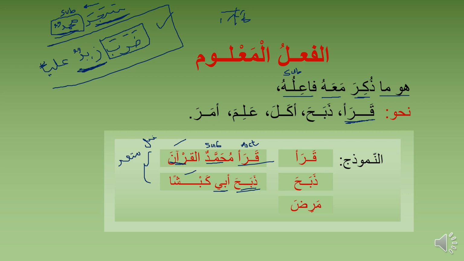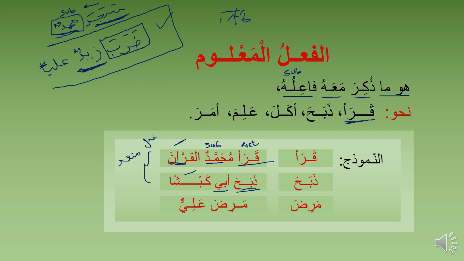So al Quran. Muta'addi. So this fi'l ma'lum comes from fi'l muta'addi. The one we want to talk about now, the example of marida: marida Aliyun. Ali was sick.